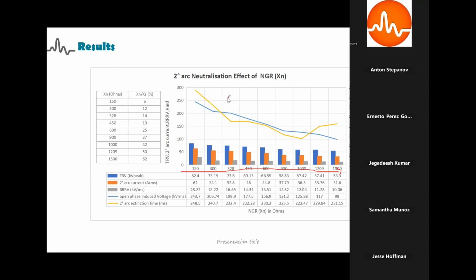As the Xn value increases, as we move towards the right, we can see that these parameters, TRV, secondary arc current and so on, all decrease. So by choosing the optimum value, we can go for selecting the sizing of the NGR.